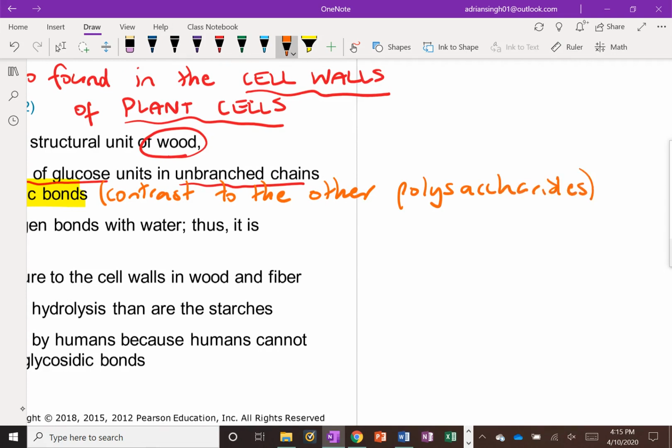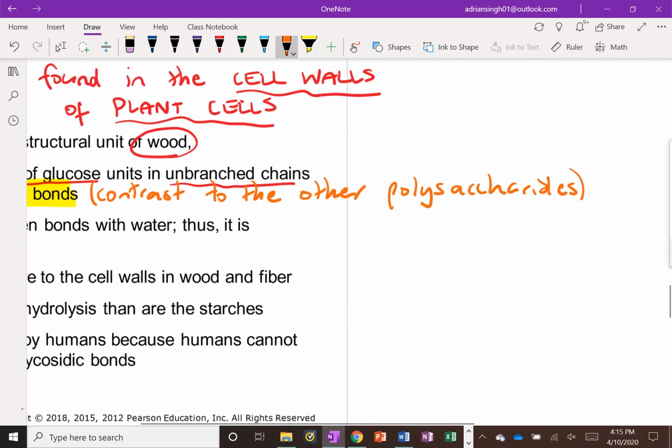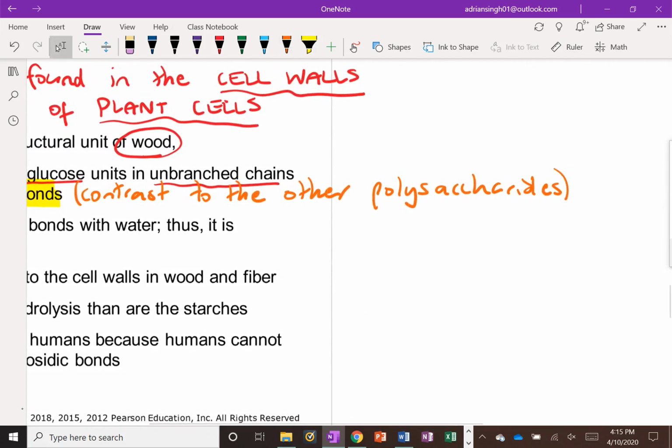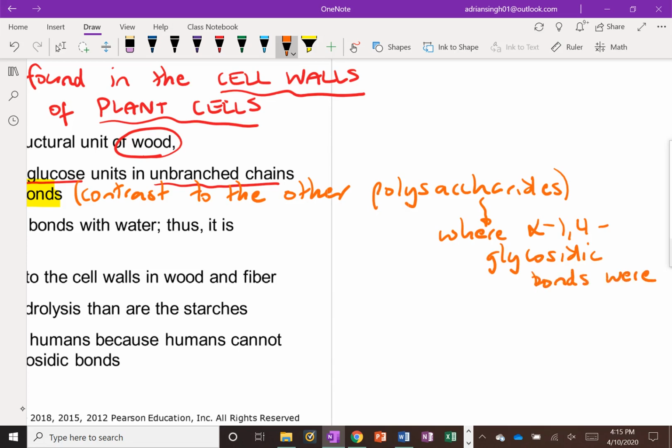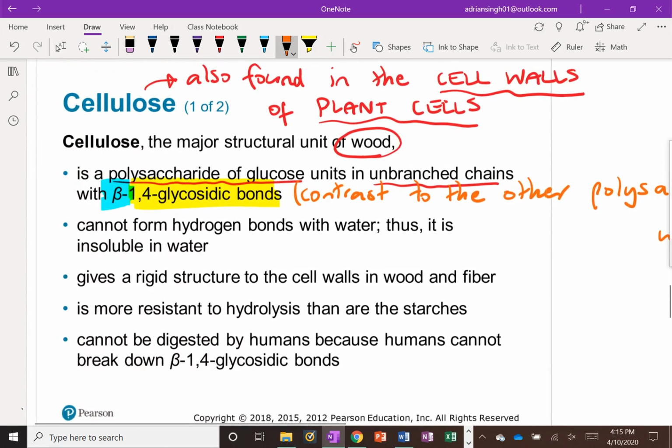It may not seem like a big deal, right, having an alpha versus a beta 1,4-glycosidic bond. But it is a huge deal in terms of what the organism is able to do with that bond.